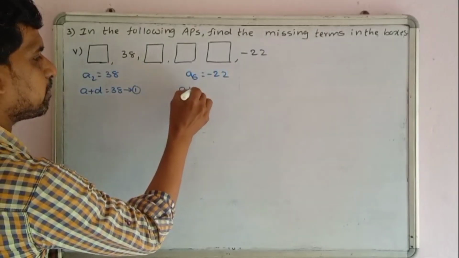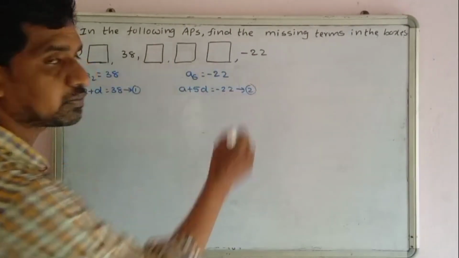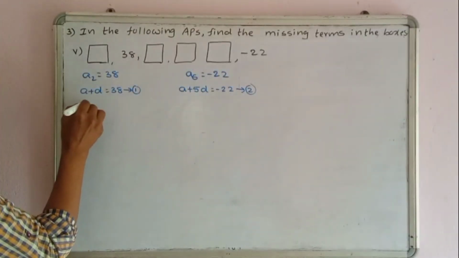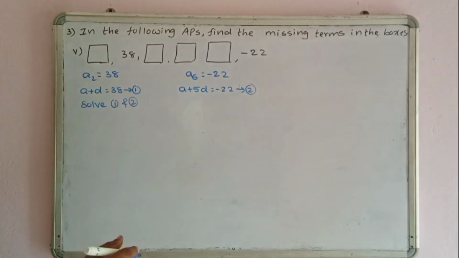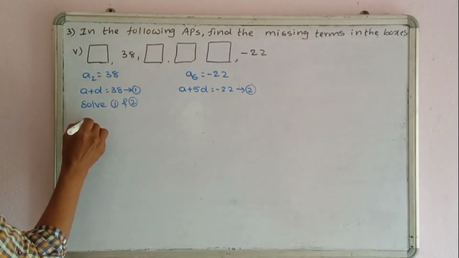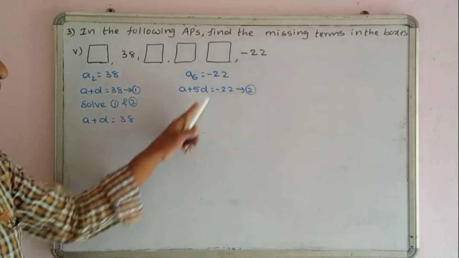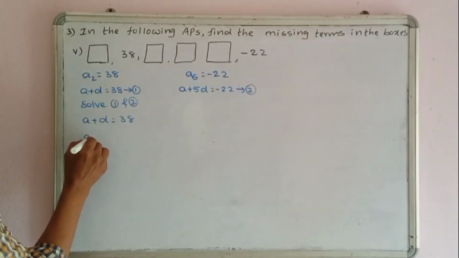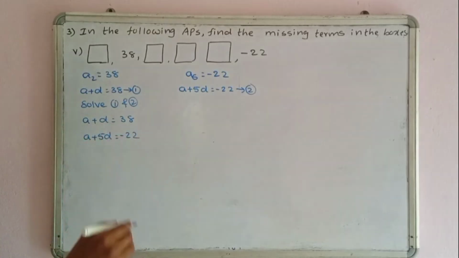A6 means A plus 5D equals minus 22, this is say 2. Now solve 1 and 2. What is 1? A plus D equals 38. What is 2? A plus 5D equals minus 22.